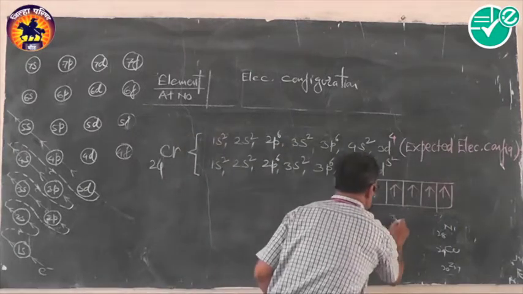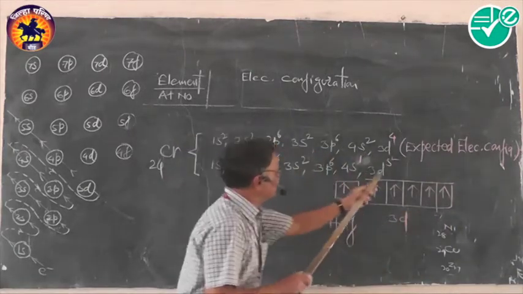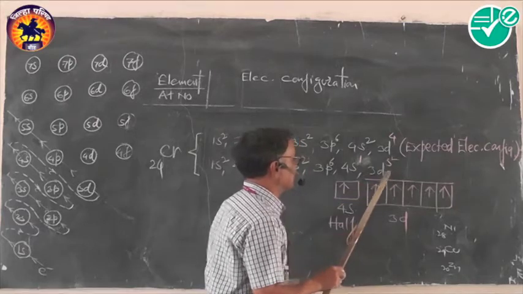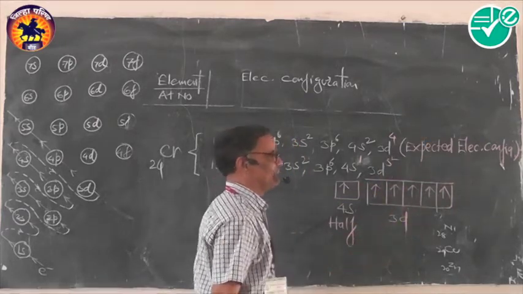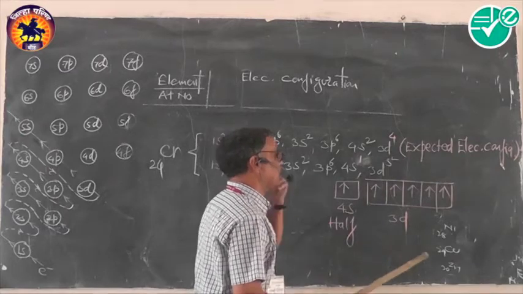The maximum capacity of the 3d subshell is 10 electrons, but 5 electrons are present here, hence it is half filled.